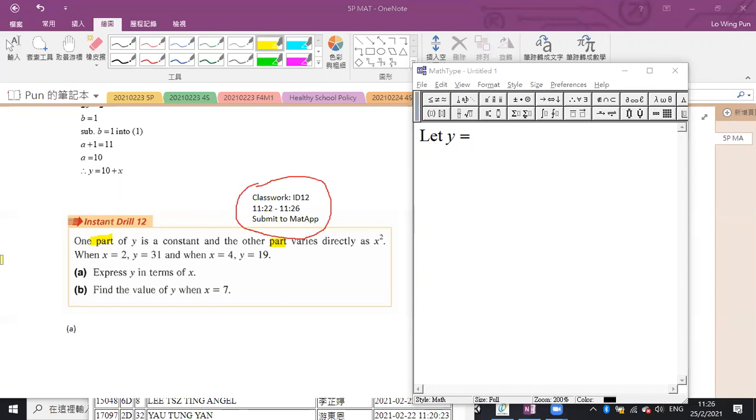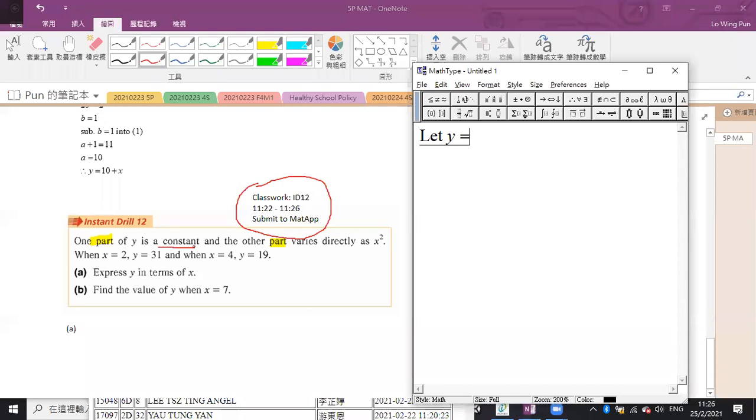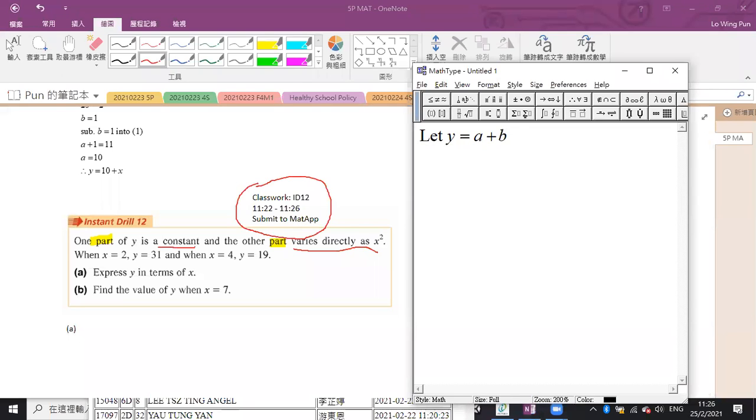The first part is a constant, that is just an a, plus the other part. The other part varies directly as x squared, so it is in direct variation, so it will be b times x squared, where a and b are not equal to 0.